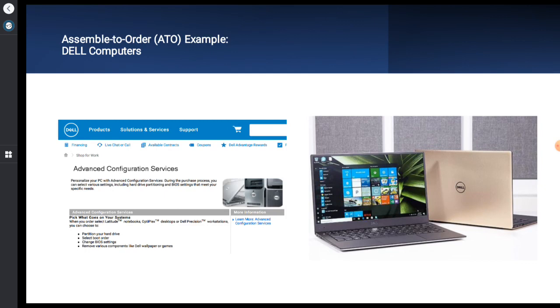You can pick what you really want from the available configurations and options on their website, and then they will promise you to deliver your personalized PC within, for example here, 2 weeks from making the order.